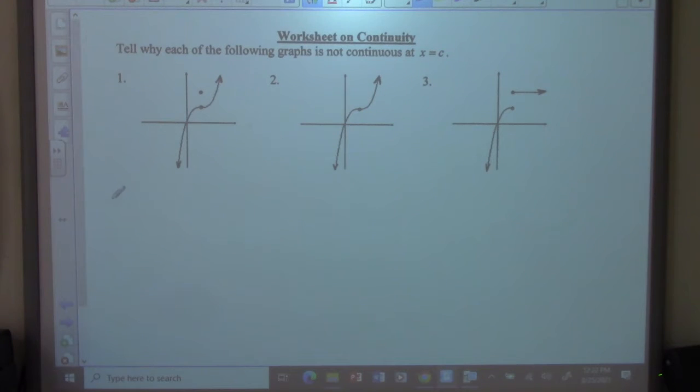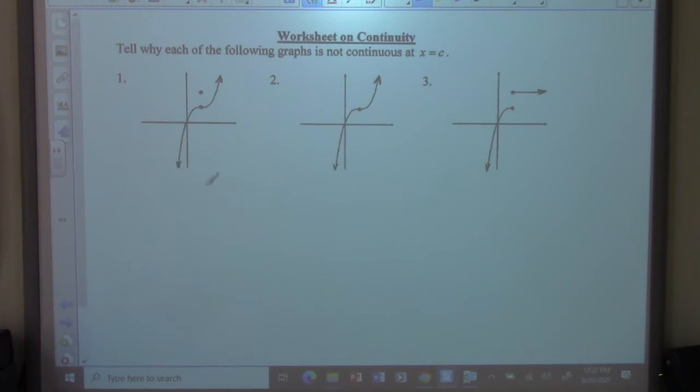So if we look at this one, is this thing continuous here? Yes or no? No. So let's go ahead and explain this. It should be obvious that the thing is not continuous, that there's a hole right there. Just common sense tells you it's not continuous.